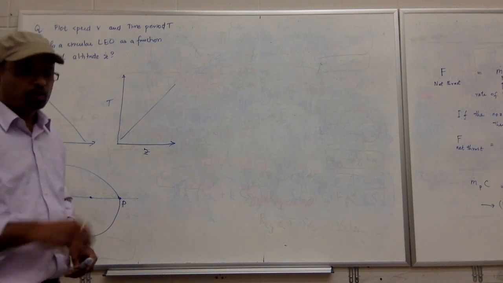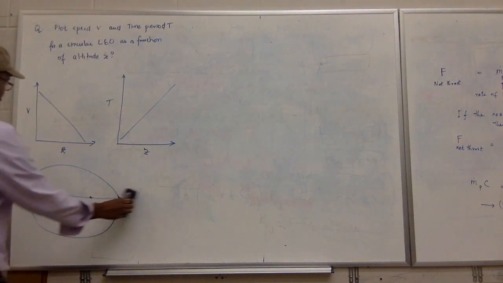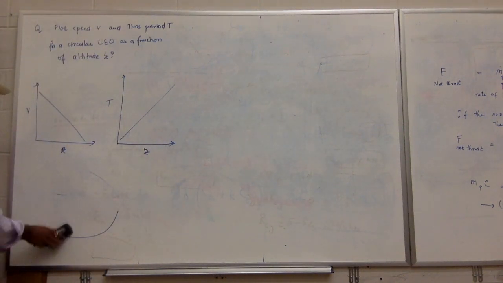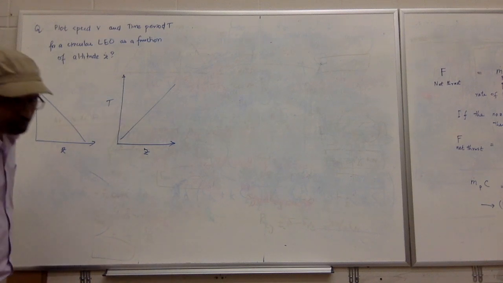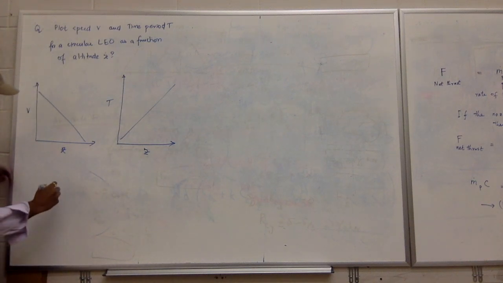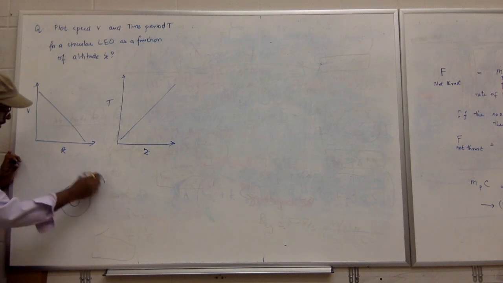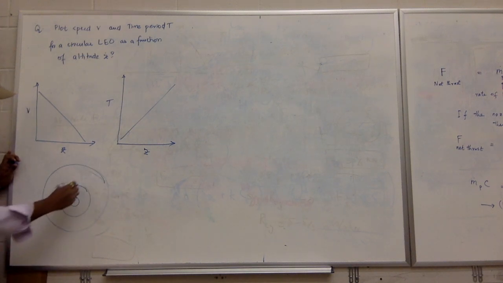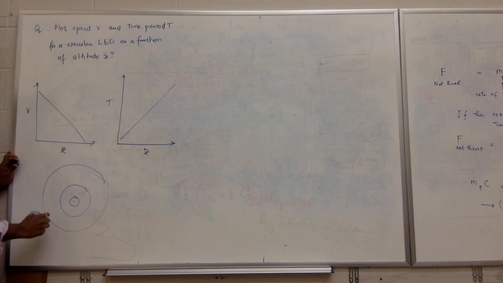This is not for one orbit. You understand? This is for as the altitude increases. So if you take this circular orbit, this circular orbit, this circular orbit, the altitude is increasing.